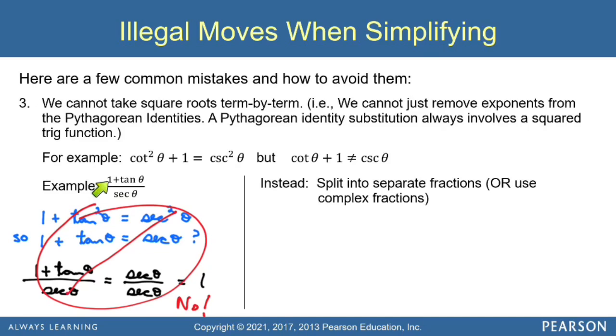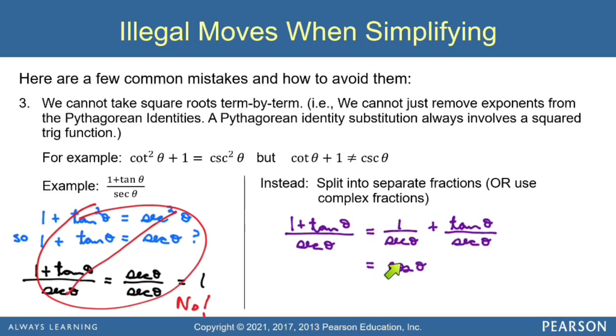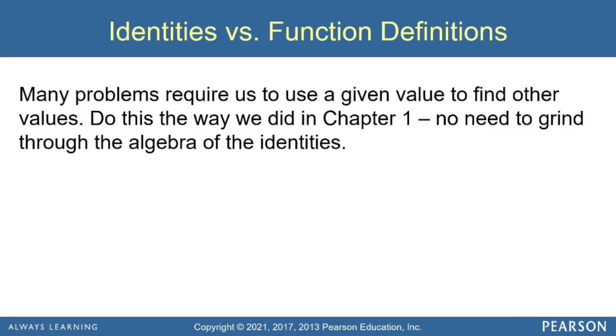So 1 plus tangent theta over secant theta would split up into 1 over secant plus tangent over secant, and then we could rewrite 1 over secant as cosine theta, and we could rewrite tangent theta over secant theta as sine over cosine, and then restate secant in the bottom as cosine in the top, and then you can see the cosines would cancel, and we would be left with cosine theta plus sine theta.